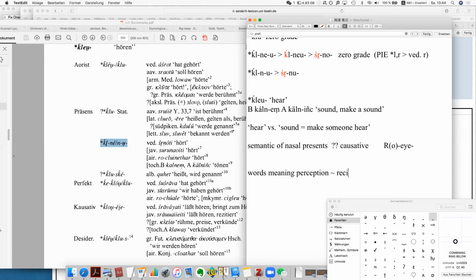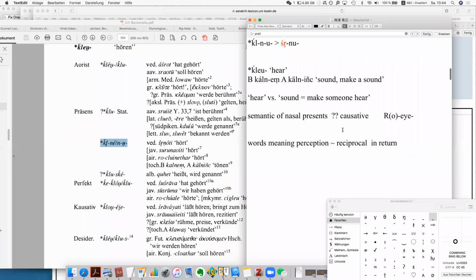Reciprocal. 就相互性，就是会有相互性。So kind of in return, like this one. But in different context. Probably we can just use the example.